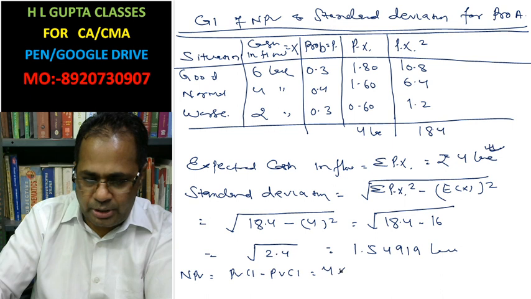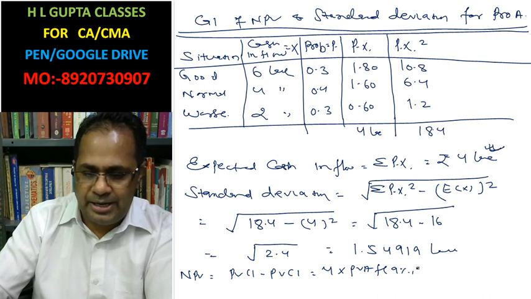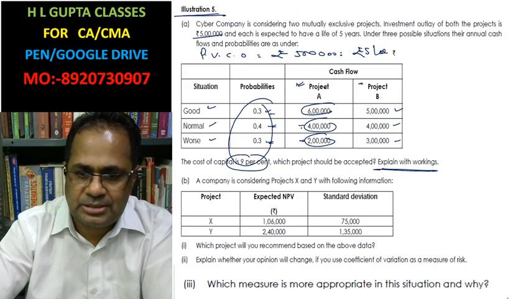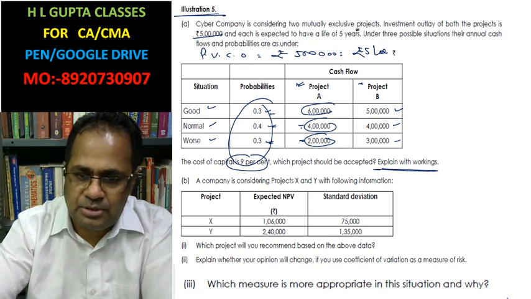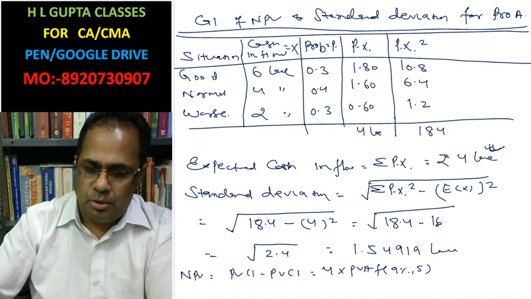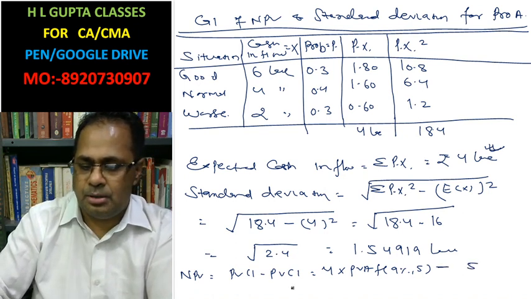This is 4 into the present value annuity factor at 9% for 5 years, because the project life is 5 years, as written here. Minus outflow of 5 lakh.